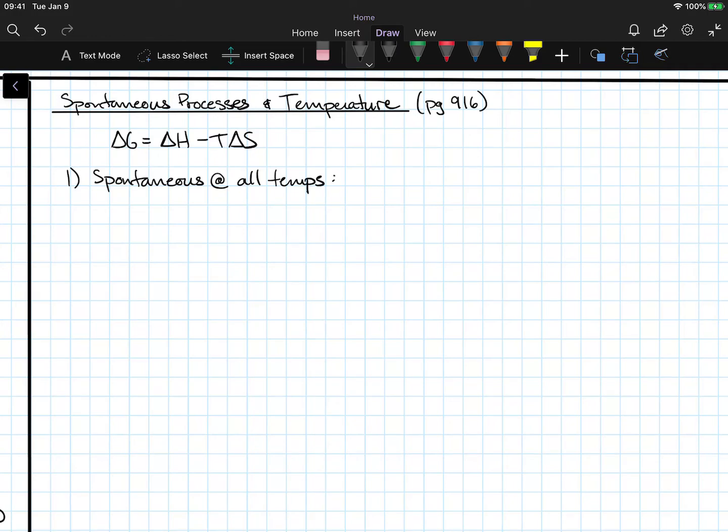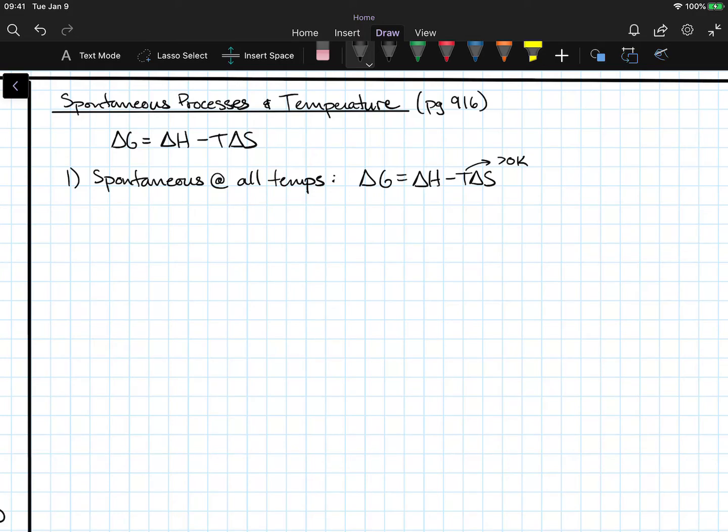If we look at delta G equal to delta H minus T delta S, all temperatures means basically anything greater than 0 Kelvin. So no matter what temperature it's at, it's going to go forward.